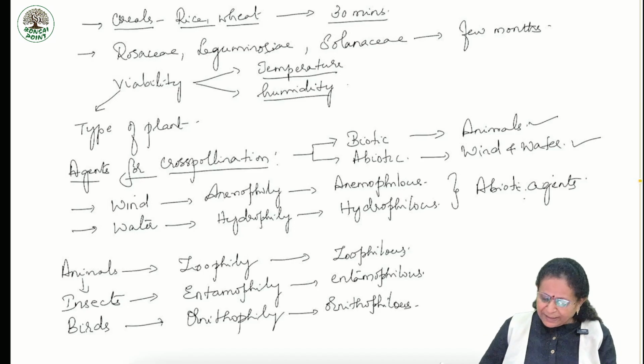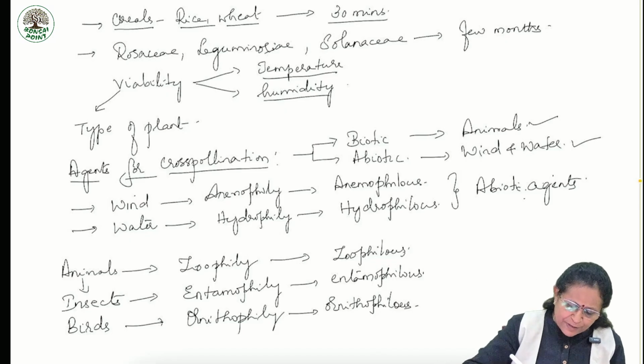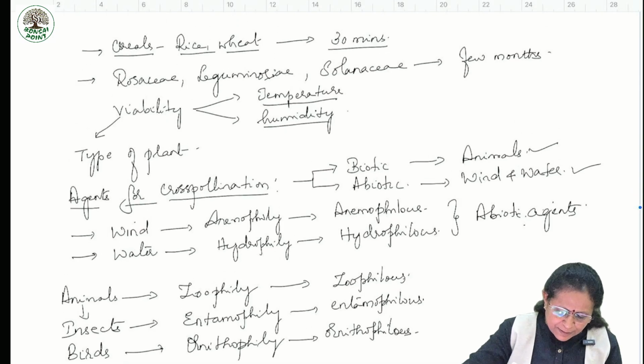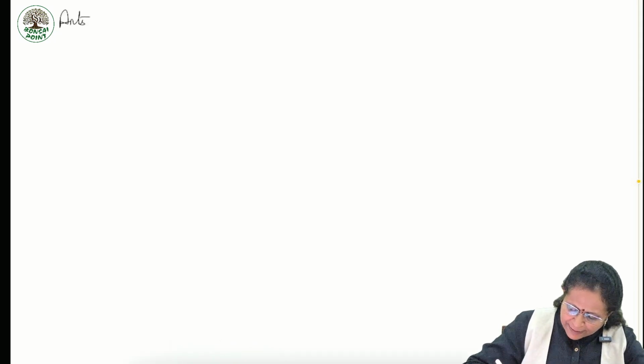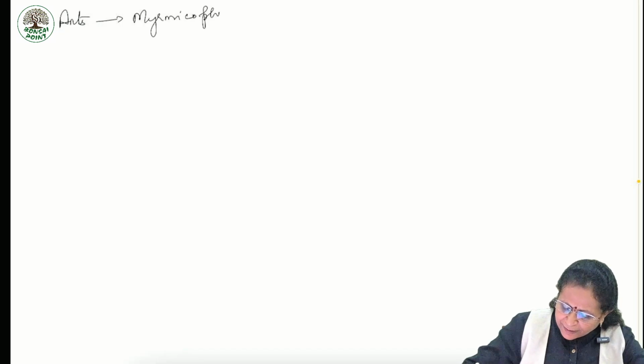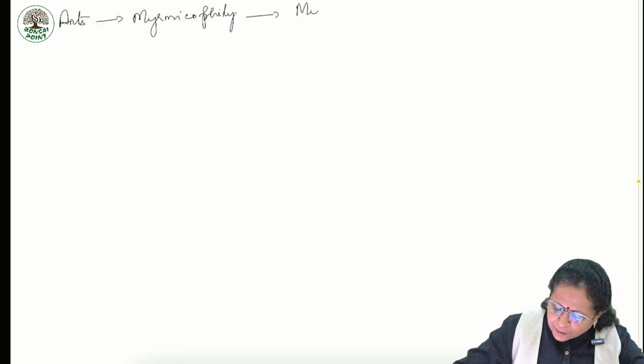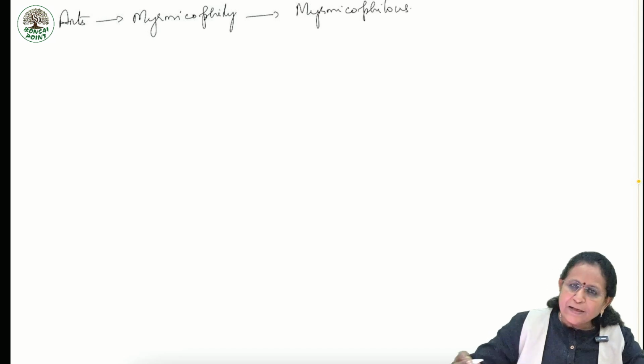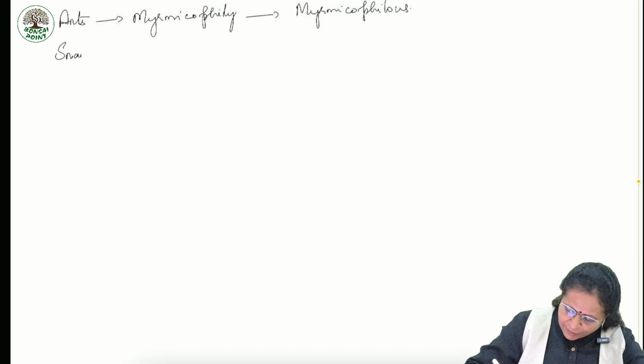Like this, there are many. Let us see which are the other ones. Cross-pollination by ants is called myrmecophily. Such flowers are called myrmecophilous. Then, cross-pollination also occurs by snails.